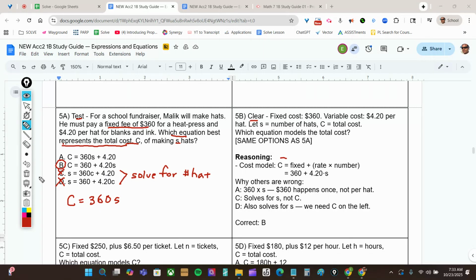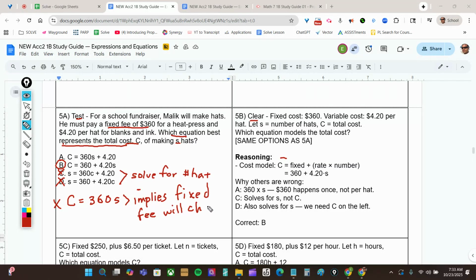So C equals 360 times S is wrong because it implies the fixed fee will change.